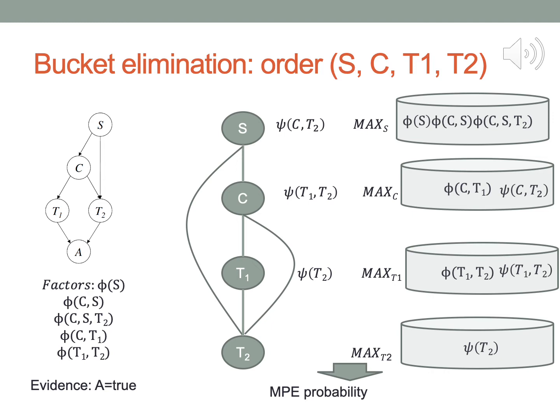Another way of saying this is that if you process a bucket and you get a number, then you collect all such numbers at the end, including the number that you get from the last bucket, and then multiply all of these numbers. After you multiply all of these numbers, you'll get the MPE probability. So the MPE probability is the product of all numbers, or all functions that are defined over no variable.